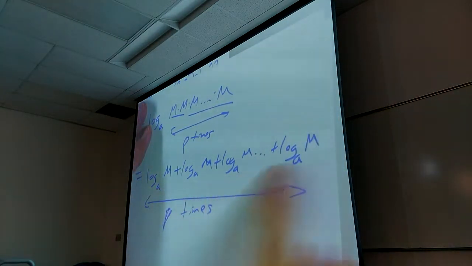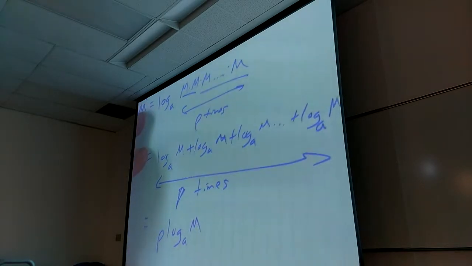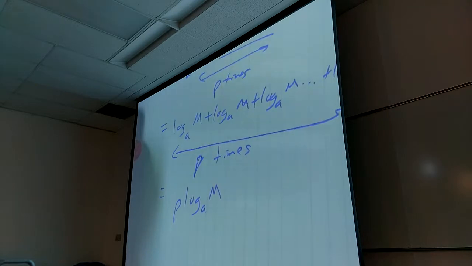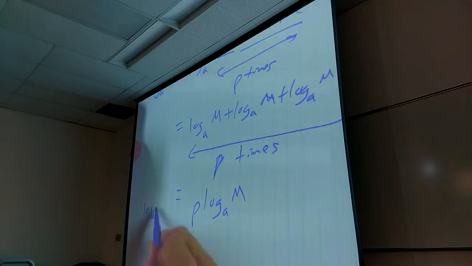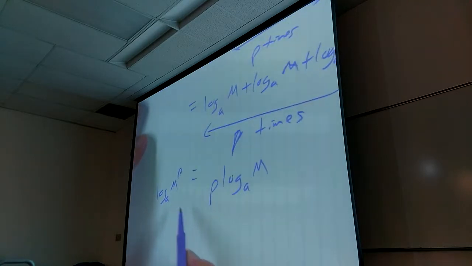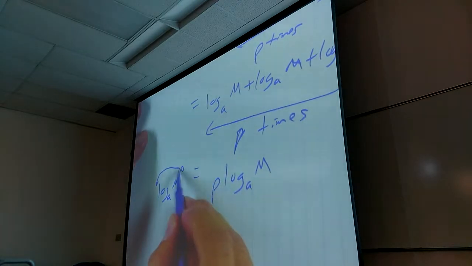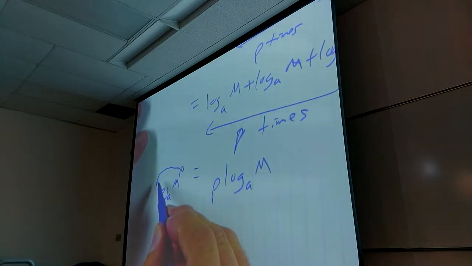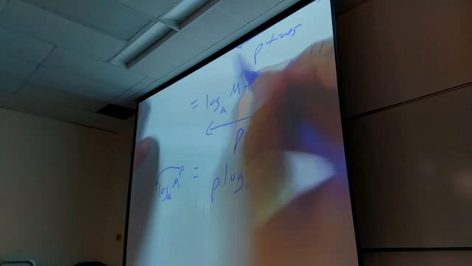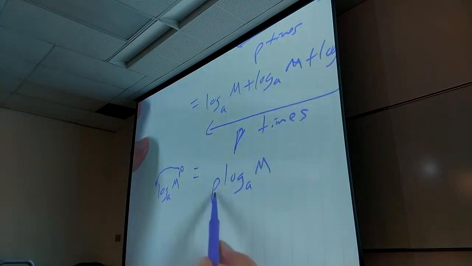But now how many do I actually have? p of them. So this will be p log a m. So log base a of m to the p. It looks like the p just falls out front, right? We see why the property is true, but can you see a shortcut now? Whatever the power is up here comes out for us.